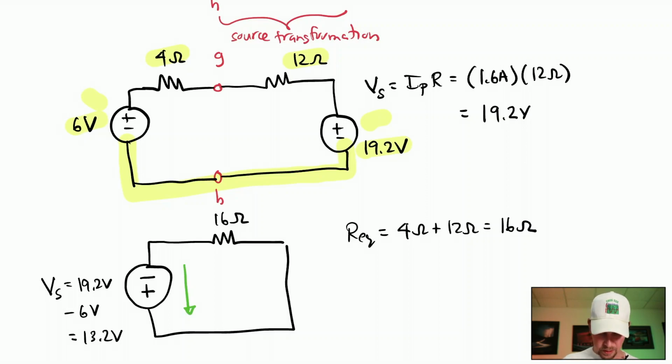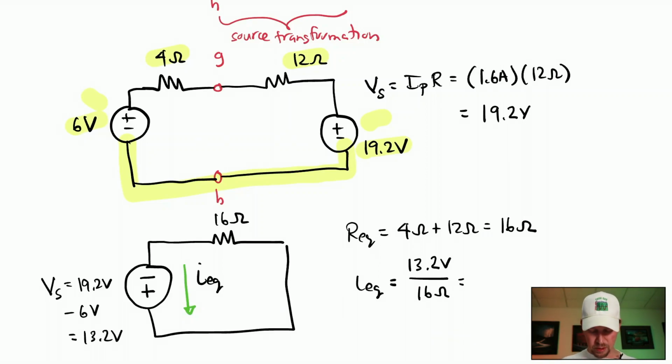So here, that current, say I equivalent, well, it's got to be the 13.2 volts provided by the voltage source divided by the 16 ohm resistor. And if you calculate this out, I can't do that in my head. I have the suspicion that very few people can. It's 0.825 amps, right?